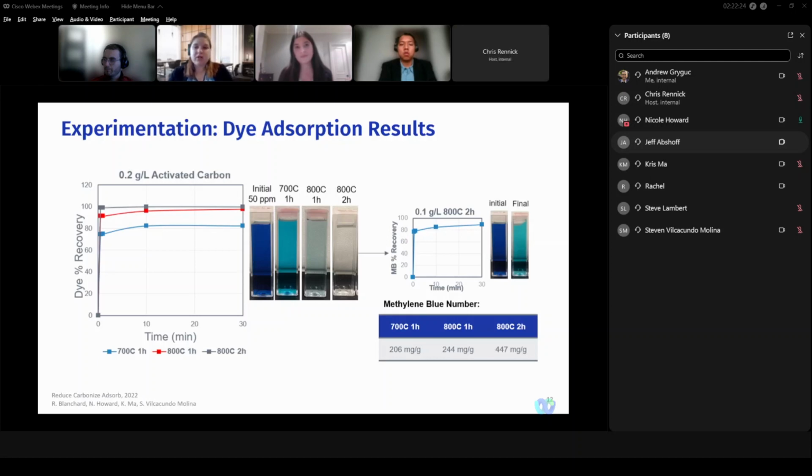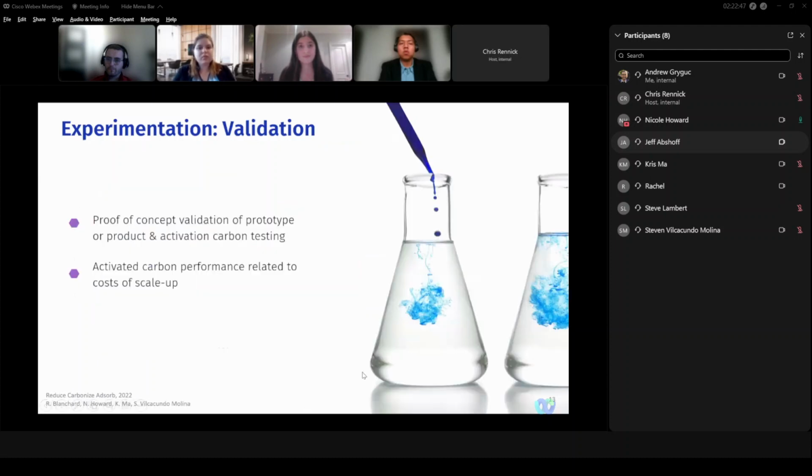We further optimized our results by looking at the methylene blue number, which is the amount of methylene blue absorbed divided by the amount of activated carbon utilized. We were able to achieve a number of 447 milligrams of methylene blue absorbed per gram of activated carbon, directly relating to the performance of our process.